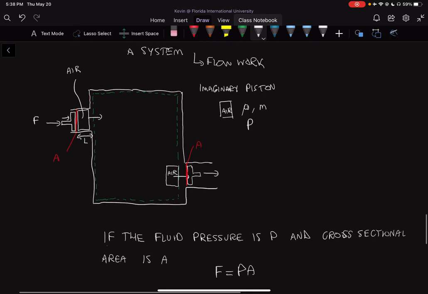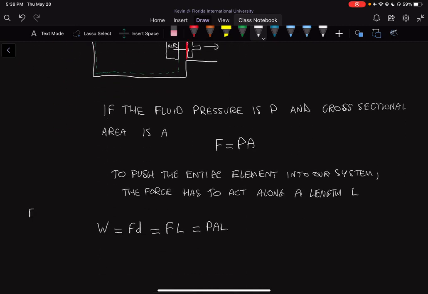So this term that we define as flow work says that the work to get some amount of air into our system is equal to the force times the distance to push this air through, which is equal to force times the length, which is equal to PA times the length. Now, A times length is also equal to volume. So the work is equal to pressure times the volume of that block of air. And so we can define this as the flow work.